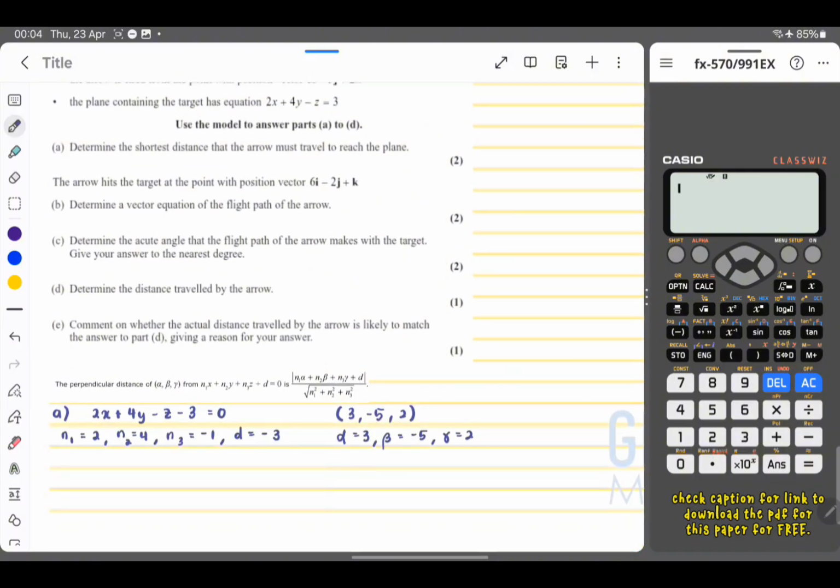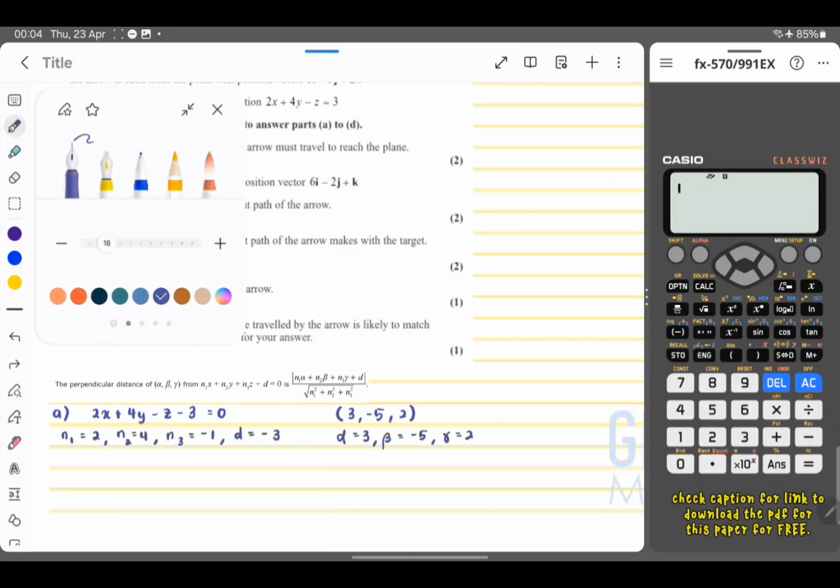Now, to find the distance, we can simply input it into this formula.